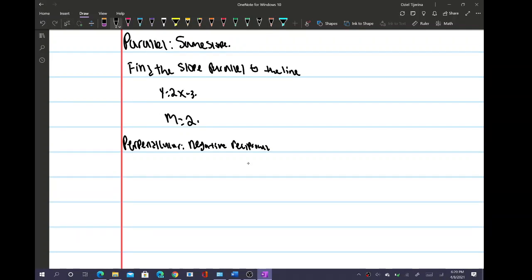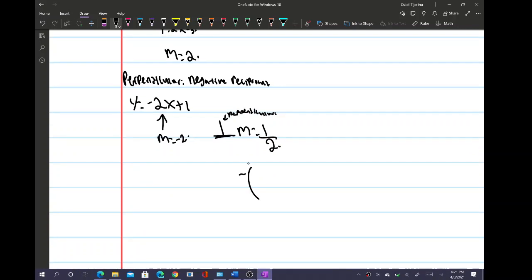So if I said y equals negative 2x plus 1, m equals negative 2, so the slope that is perpendicular would be the negative of negative 2, so it'd be 1/2. Okay.